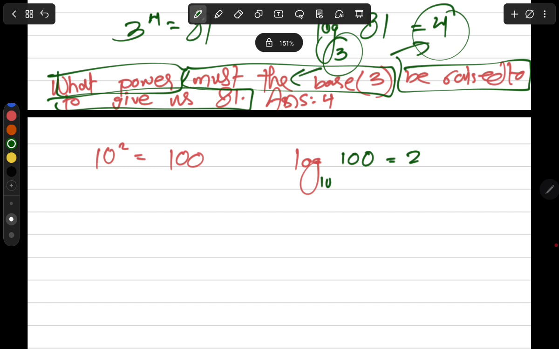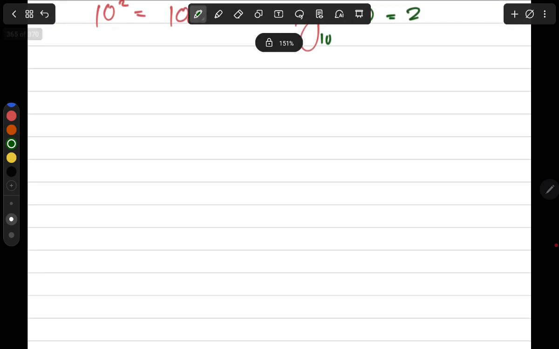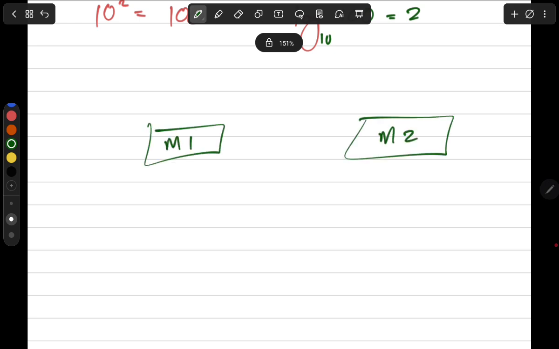Okay, now let's do the machine analogy, which I really love doing with functions. So I'm going to draw two machines, machine 1 and machine 2. So this is exponentials. You input 3, your output becomes 2 to the power 3 is equal to 8.